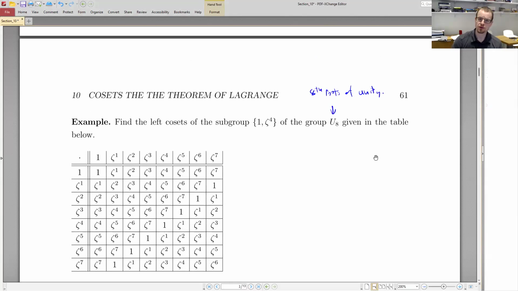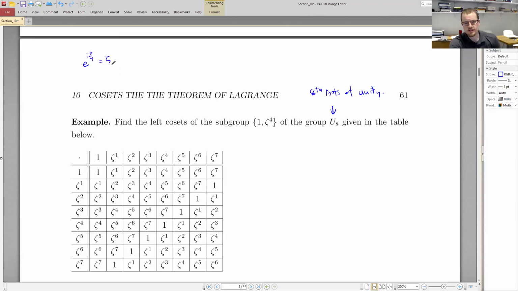The textbook that we're utilizing has chosen to use zeta as a representative for that generator, or the typical generator for the group. So when we're talking about U8, we're talking about e to the i, let's say we take our 2 pi and divide it by 8, so pi over 4. E to the i pi over 4 is our generator in this case, zeta.